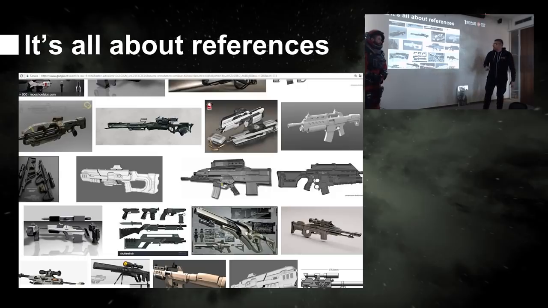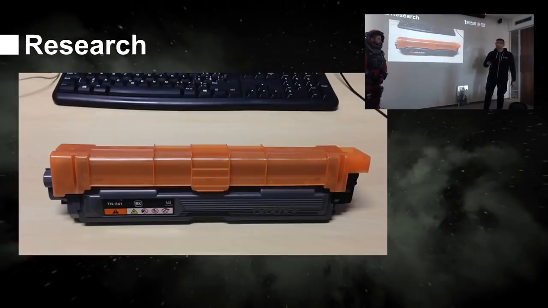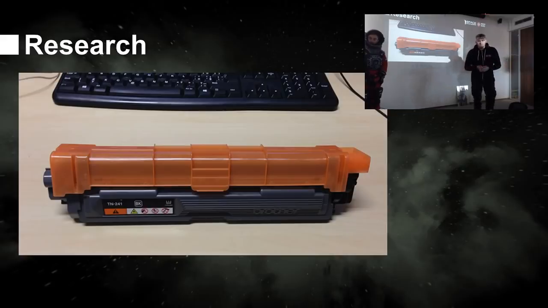And what I also want to emphasize: if you're into art, you always want to look around you, because there are many interesting parts around us. For example, the piece that you see here is actually a laser toner.